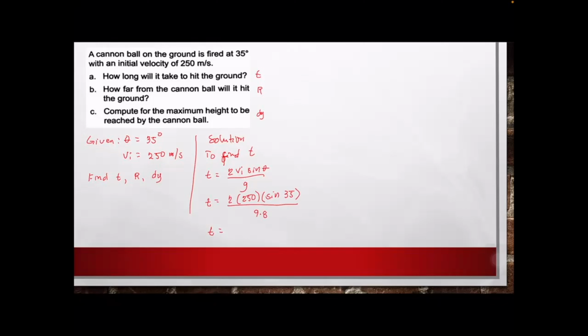Now, what will be the time? What is the time?